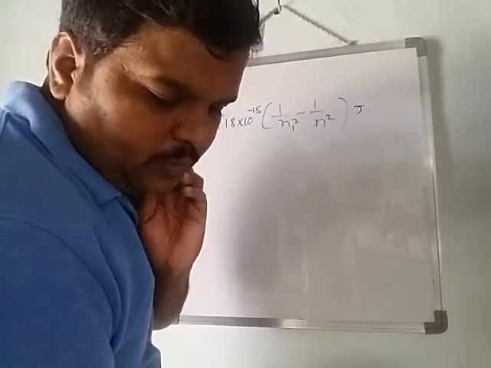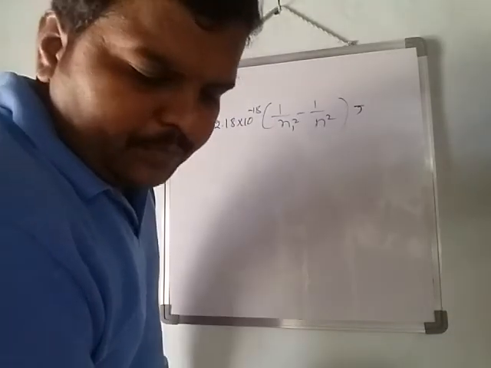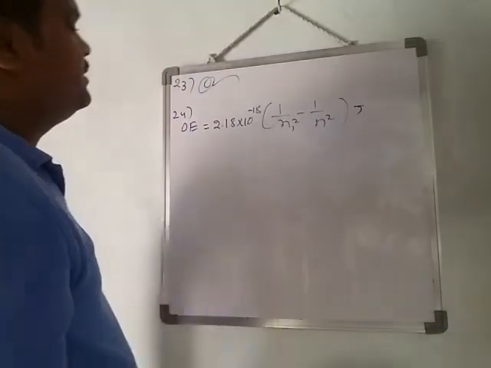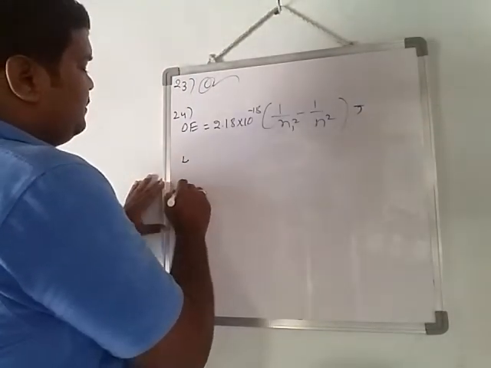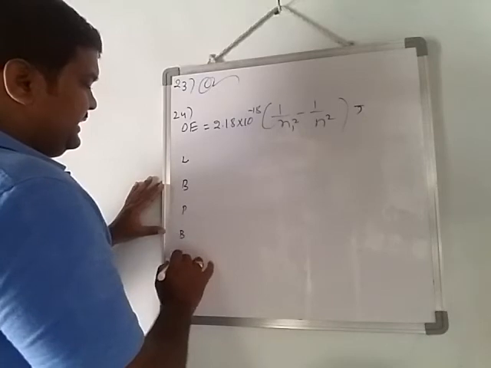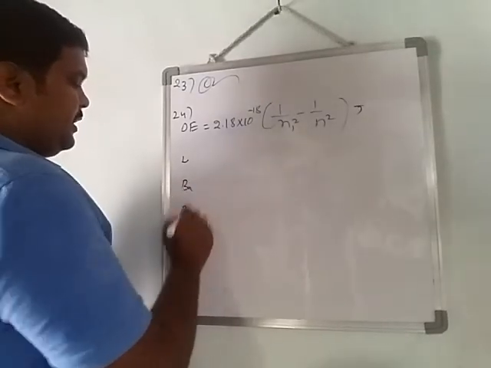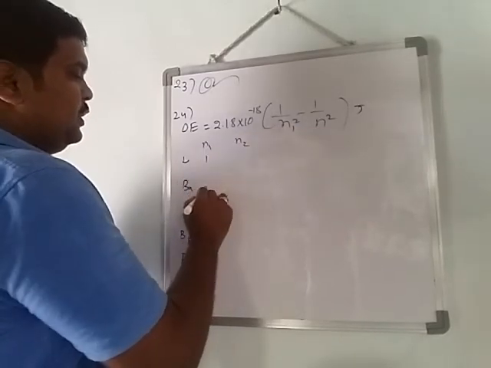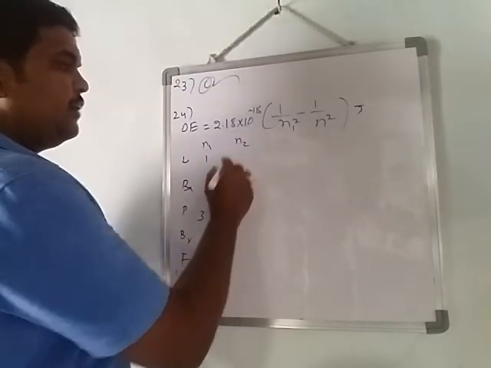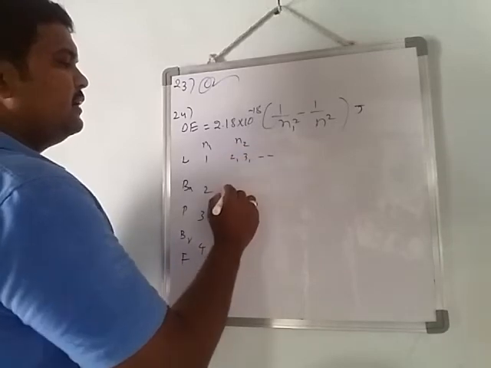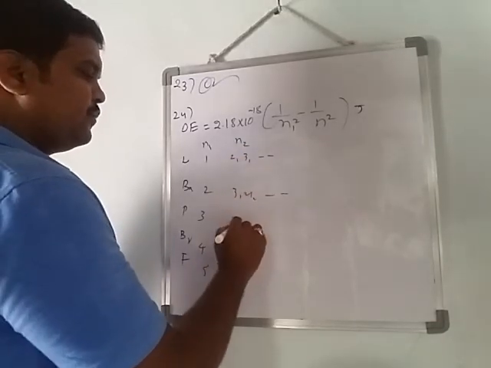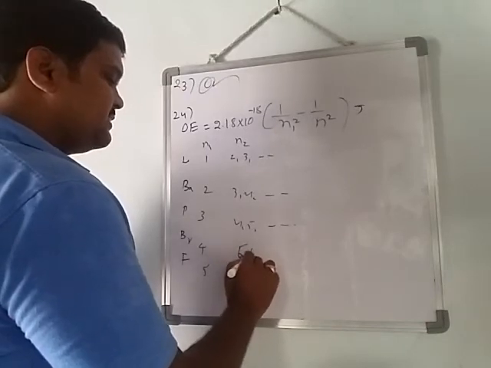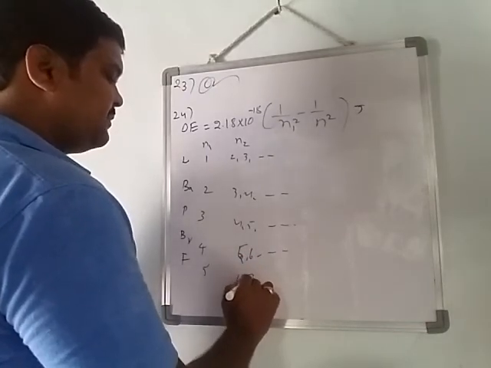When n1 is equal to 1, 2, 3 and n2 is equal to 2, 3, 4, which spectral line corresponds to the Paschen series? You know Lyman, Balmer, Paschen, Brackett, Pfund. So n1 is 1, 2, 3, 4, 5 and n2 is 2, 3 and so on; 3, 4 and so on; 4, 5 and so on; 5, 6 and so on; 6, 7 and so on.